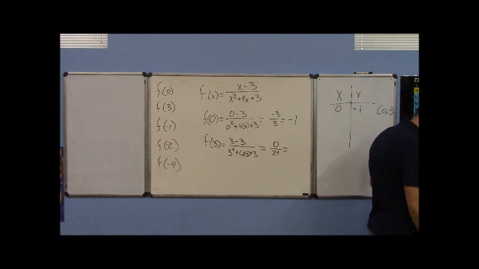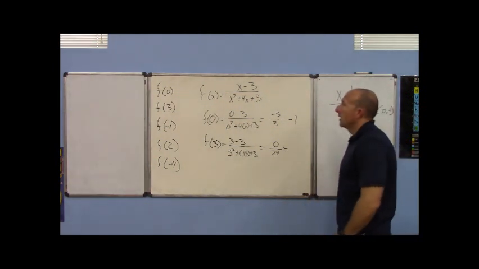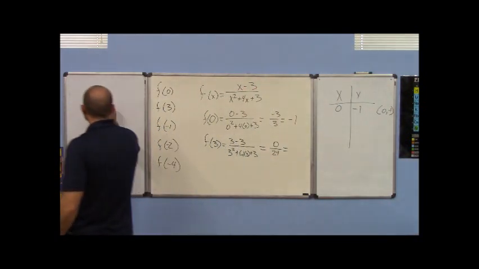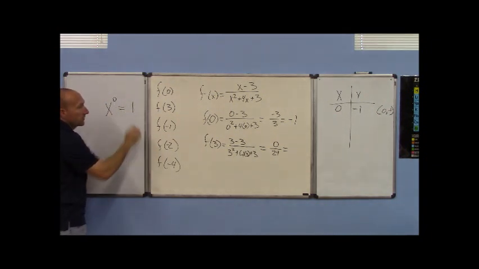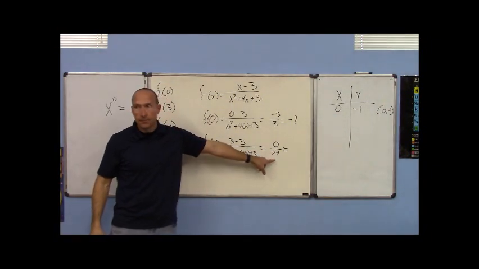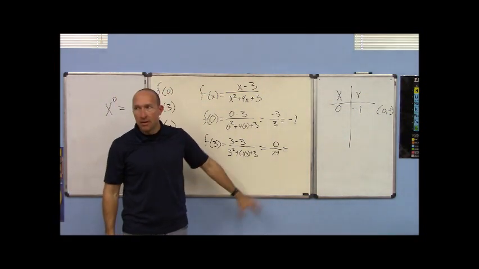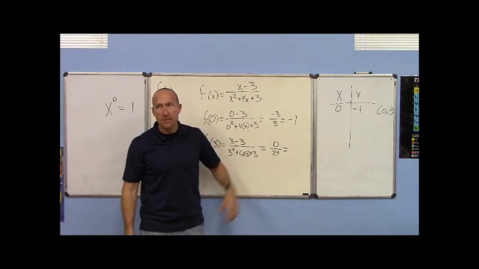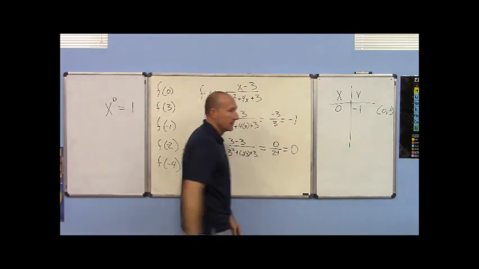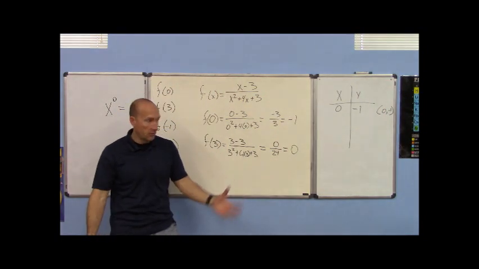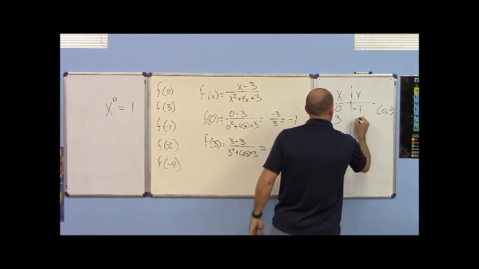Quick question. Anything to the power of 0 equals what? 1. So chances are that's not 1. Let's keep it simple. How many times does 24 go into 0? 0 times. Very good. So the answer is 0. So when x is 3, y is 0.